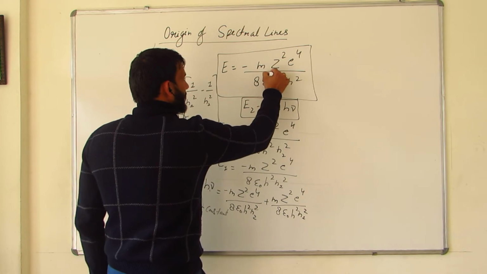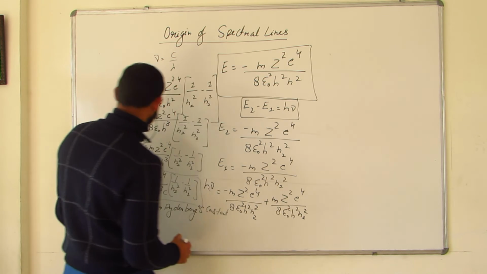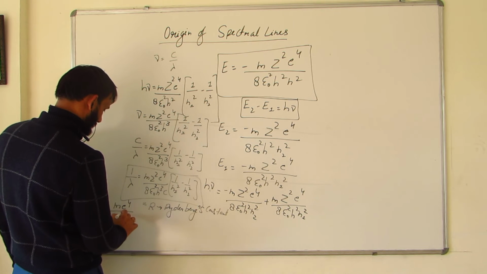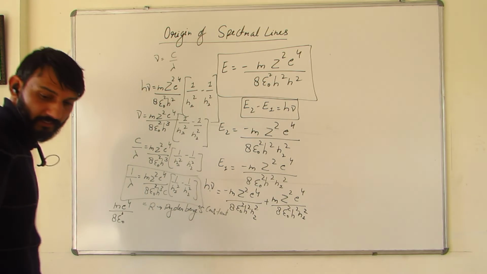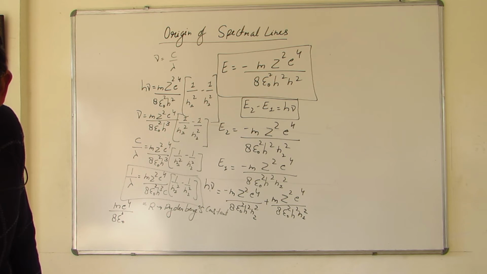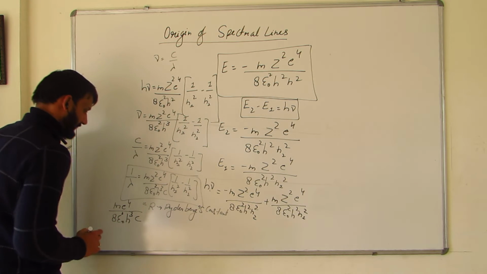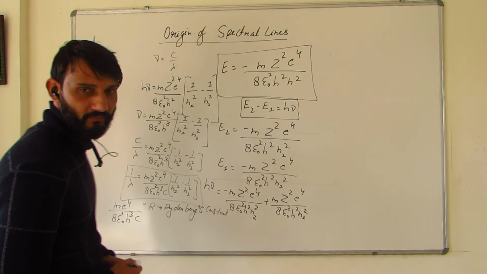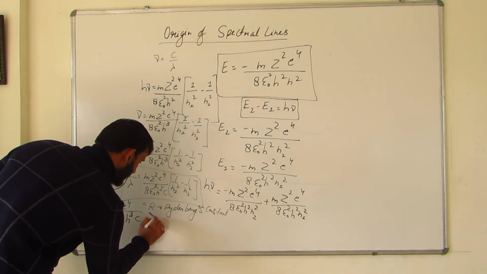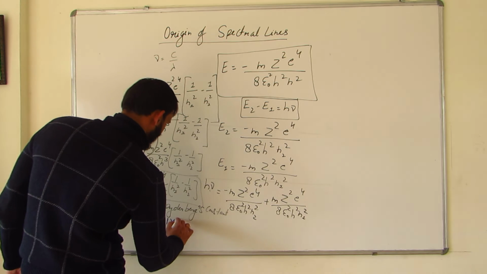I forgot, this is squared here, it will be square. Now, if I write the value, it will be 1.1 into 10 to the power 7 per meter. This is the value.